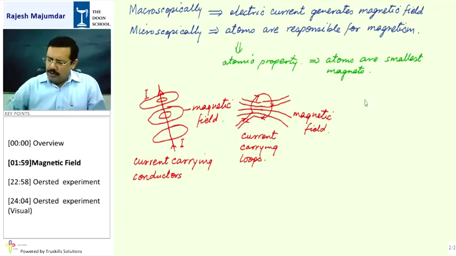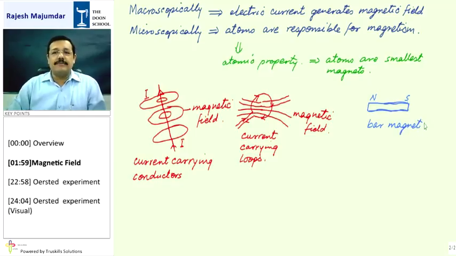Now these are the two macroscopic views of generation of magnetic field. Now you all know that there are magnets as well, small pieces of magnets, and if the magnet is in the form of a small bar, we call it a bar magnet. And you know that one side is north, the other side is south. So this is a bar magnet, and a bar magnet also produces magnetic field.